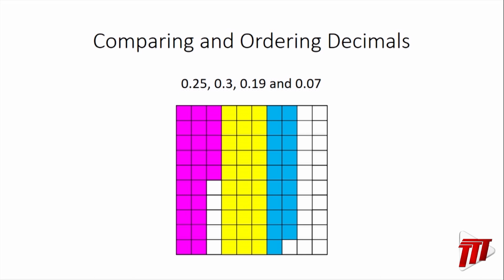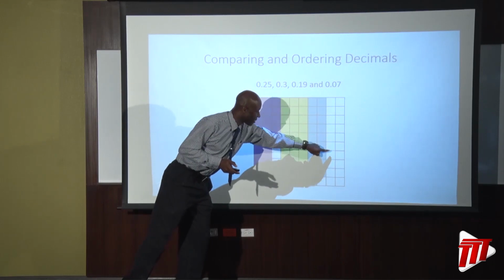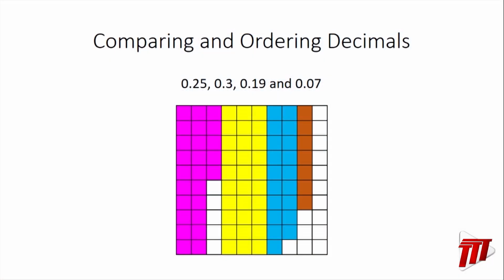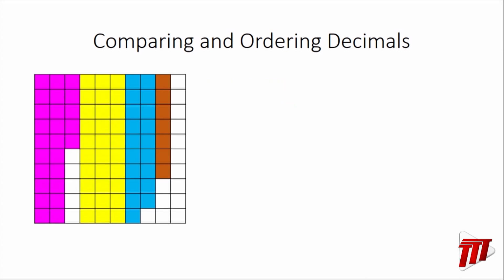And finally, 7 hundredths. 1, 2, 3, 4, 5, 6, 7. 7 hundredths. Clearly, we can determine which is largest and proceed all the way down to smallest, or if we want, we can determine which is smallest and move on up to largest.